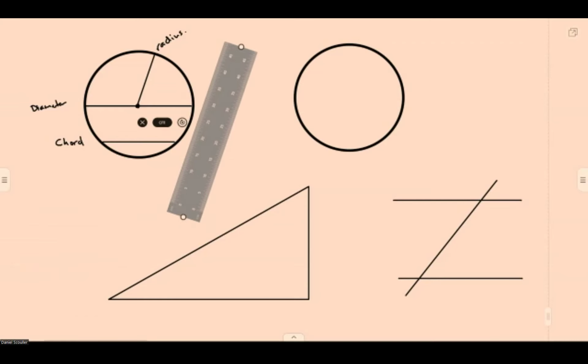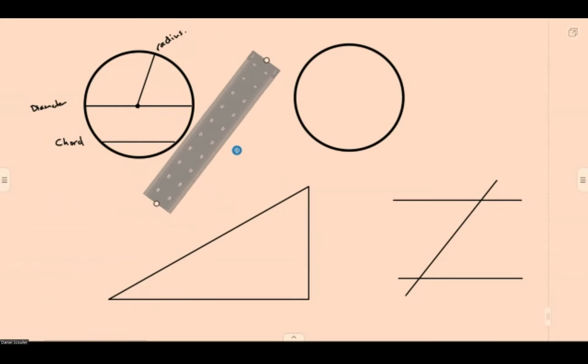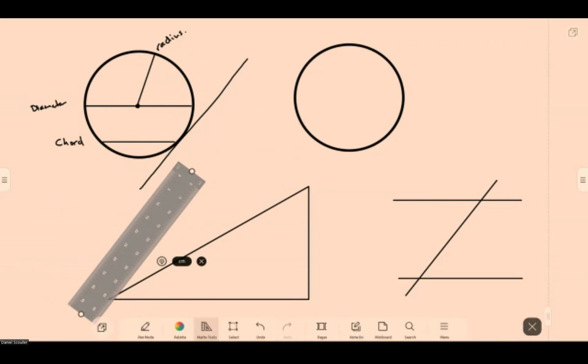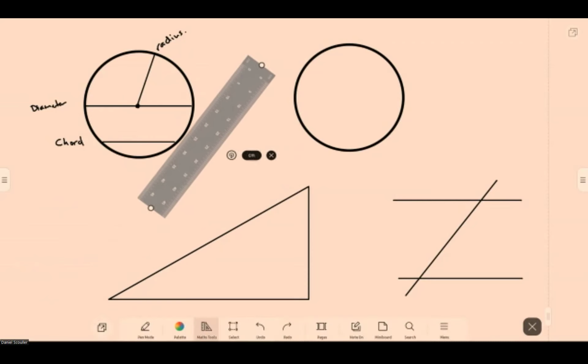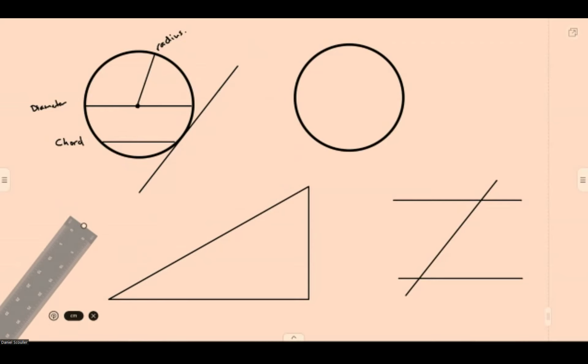There's one that you might not be familiar with. It's a line that touches the outside edge of a circle at one point. It doesn't matter the angle, it doesn't matter the position. It touches the outside edge at one single point.